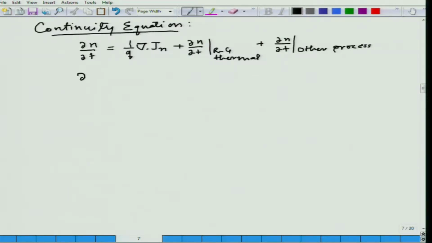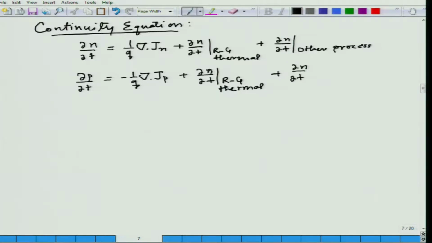Similarly, I will write it for holes, because they both work independently, they have to be solved independently, both equations. I will solve for hole concentration, which is RG thermal plus del p del t due to other processes.